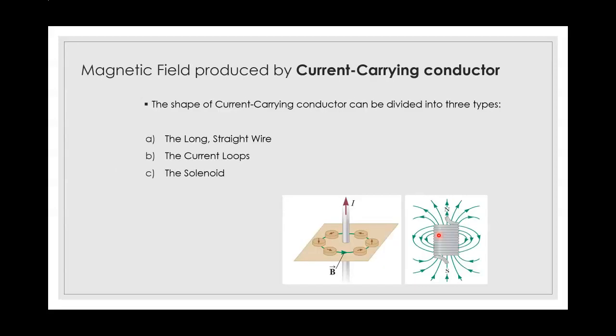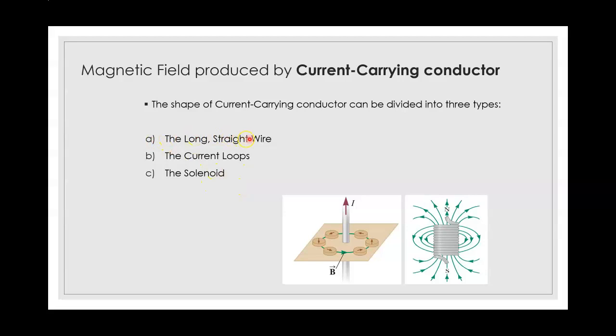Okay, actually, the magnetic field produced by a current carrying conductor, there are three types. They can be divided into three types of current carrying conductor, which are first the long straight wire, the current loops, and the solenoid.